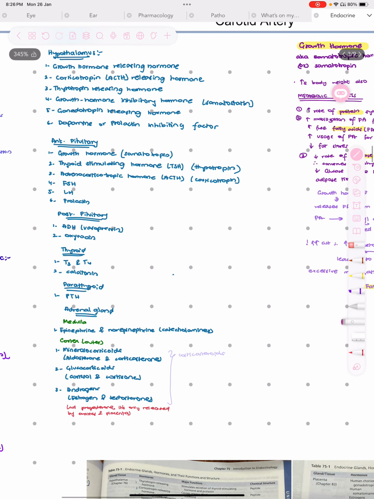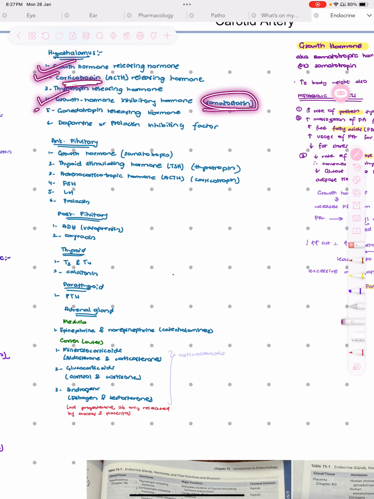Starting off, from the hypothalamus you have growth hormone releasing hormone. Since there's a releasing hormone, there's also an inhibitory hormone for growth hormone, the growth hormone inhibitory hormone, which is also referred to as somatostatin. After that, you'll have your corticotropin releasing hormone.